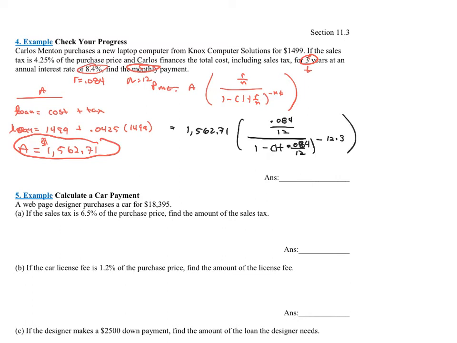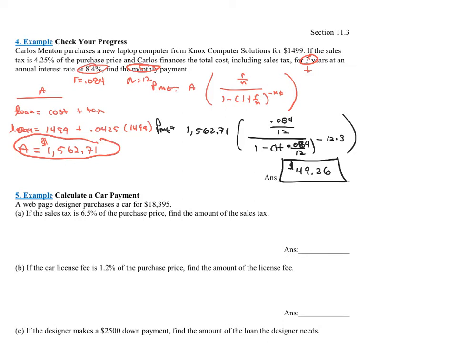Put that into your calculator to find out what your payment is. Do that now. I'm getting a payment of approximately $49.26. Again, they're going to pay that amount every single month for 3 years.